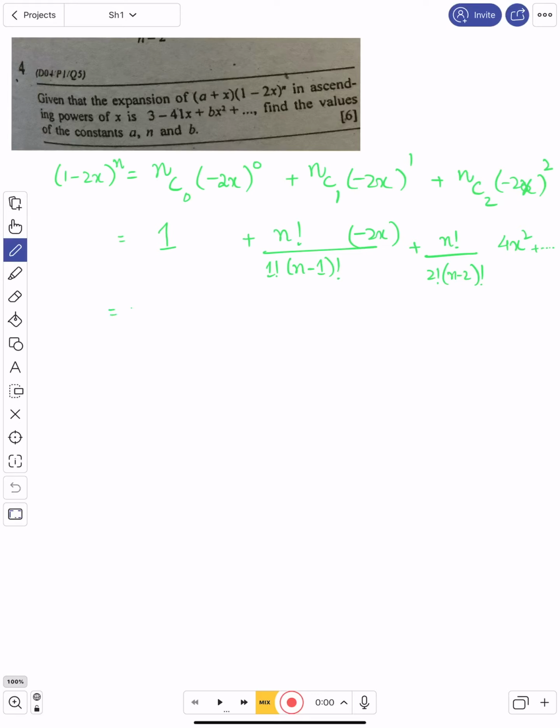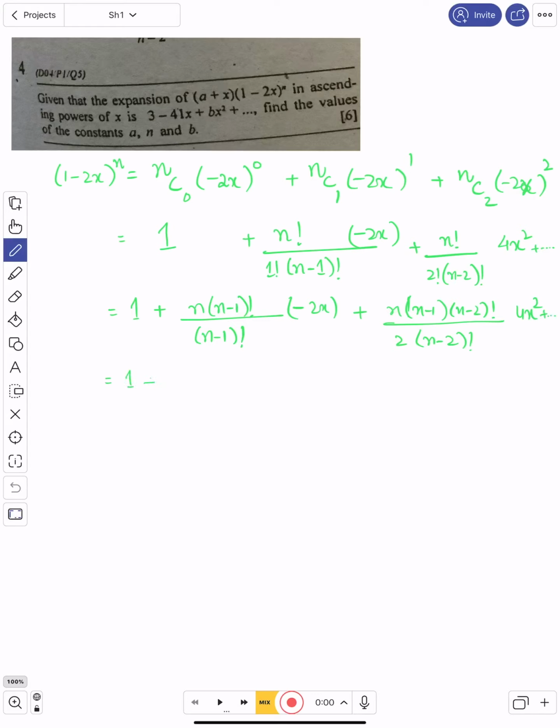Okay, let's further simplify: n into (n − 1) factorial over (n − 1) factorial, minus 2x. We have n into (n − 1) and (n − 2) factorial. 2 factorial is 2 and (n − 2) factorial is in the denominator, 4x squared.